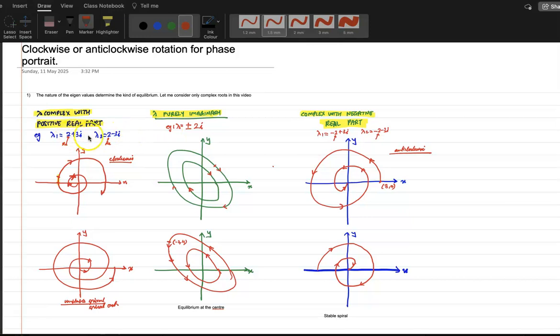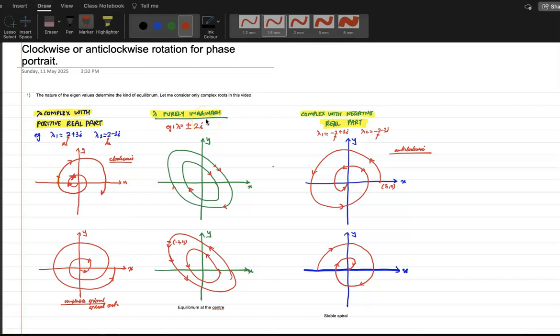When the real parts are positive, you will get an unstable spiral. Means the solutions will spiral out. Now it can spiral out either clockwise or anti-clockwise. Okay, fine. So now how do you know whether it's going clockwise or anti-clockwise? I'll be explaining that further in this video, so please hang on.